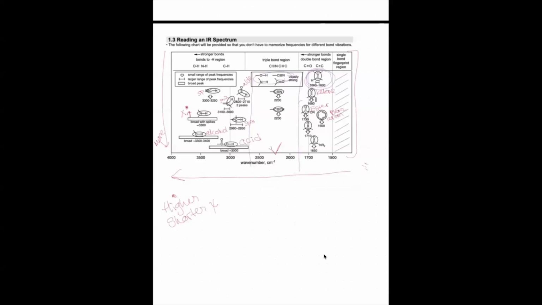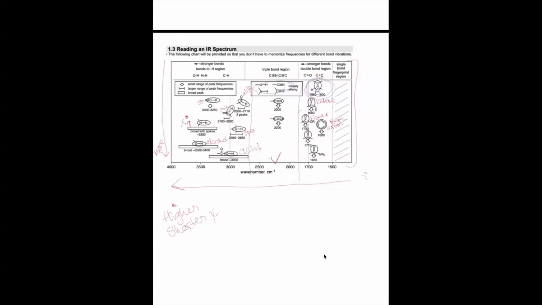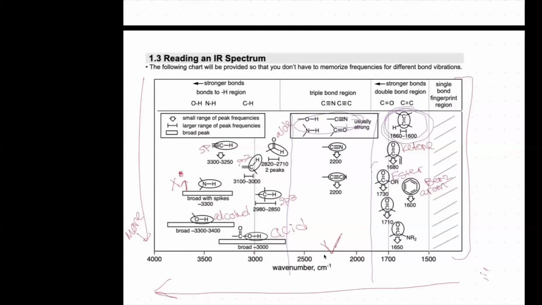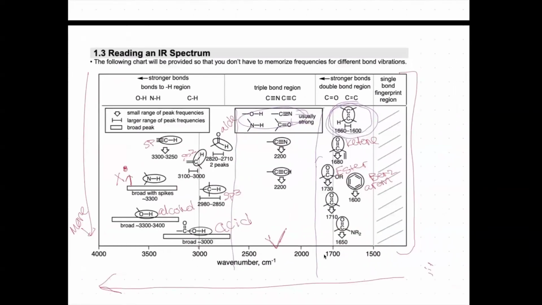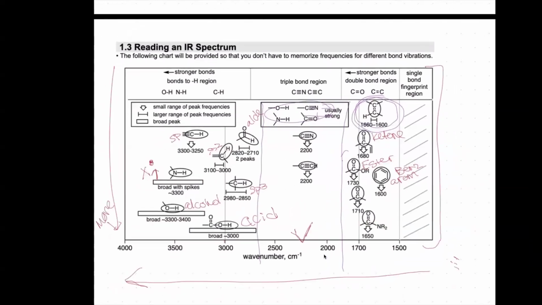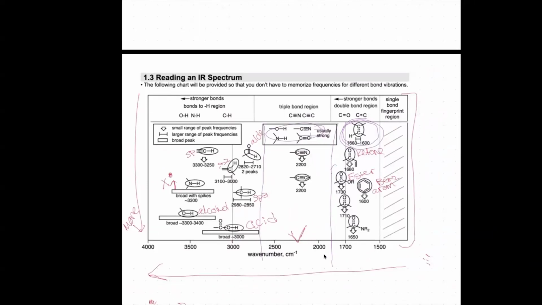I promise. If you know how to read this table, you'll do fine. When I filled it out, I put alcohol or carboxylic acid or ketone or aldehyde. As long as you know what these things are and where they lie, that's why it's so important to know your functional groups.